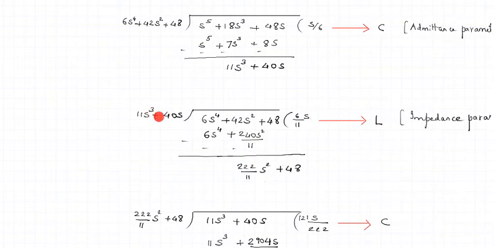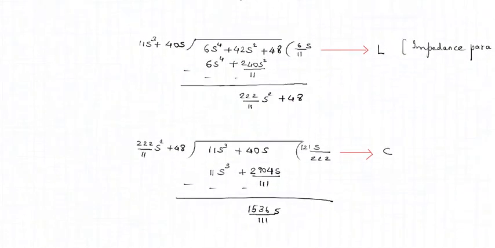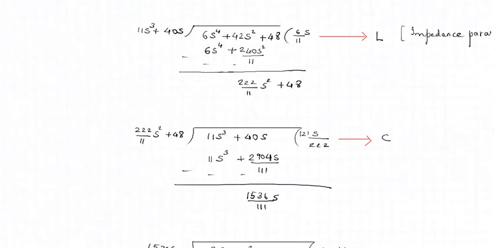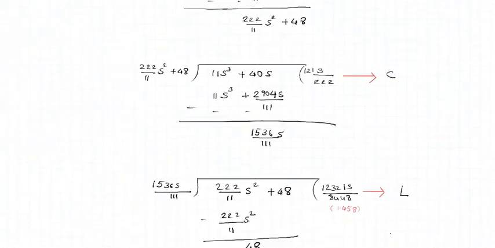So we will divide 11s cube plus 40s by this particular term. So the third step of division is performed. We observe that in the third step of division, the quotient is 121s by 222, which results in a remainder which is again non-zero. Since it is not zero, we need to continue to perform division further.